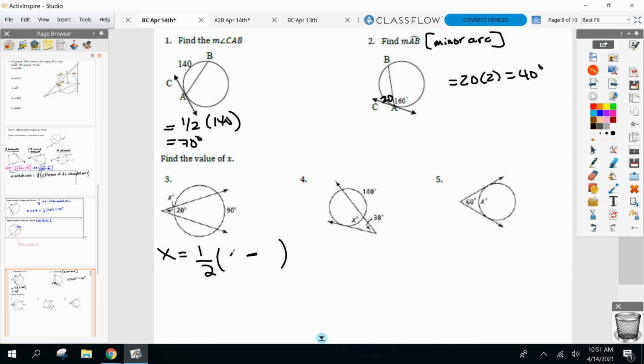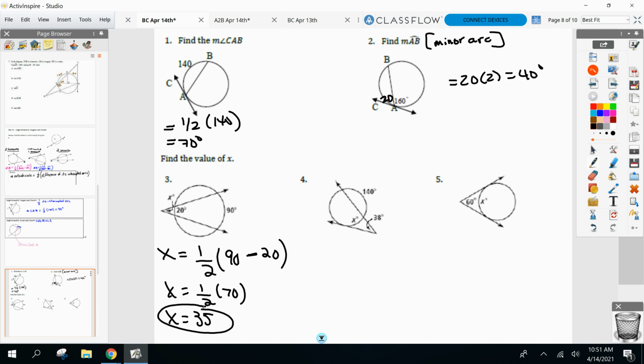So 90 minus 20, half of 70. That angle's 35 degrees. Questions?